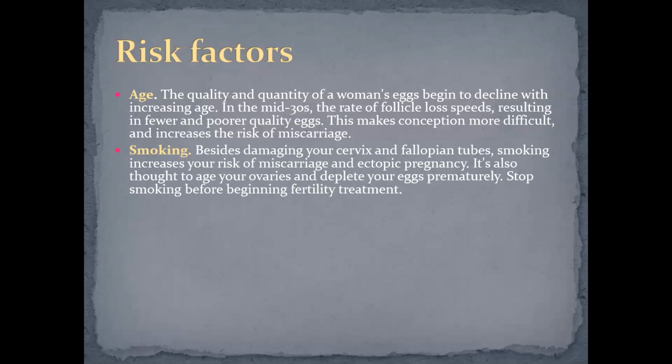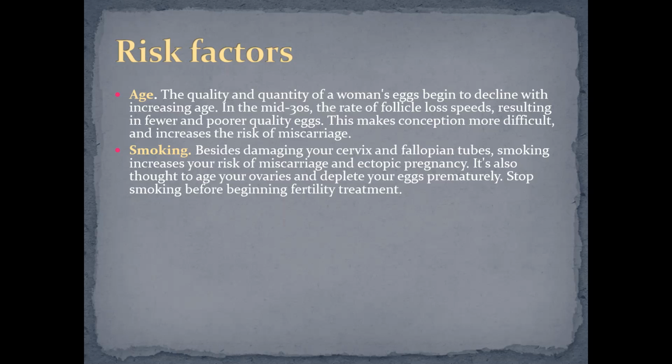Smoking. Besides damaging your cervix and the fallopian tube, smoking increases the risk of miscarriage and ectopic pregnancy. It's also thought to age ovaries and deplete eggs prematurely. Stopping smoking before the beginning of fertility treatment is necessary.